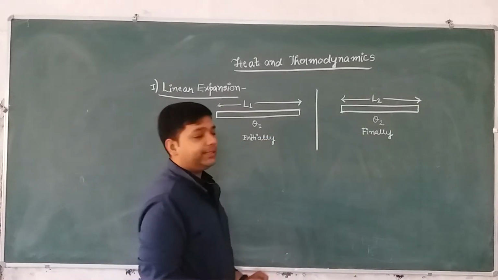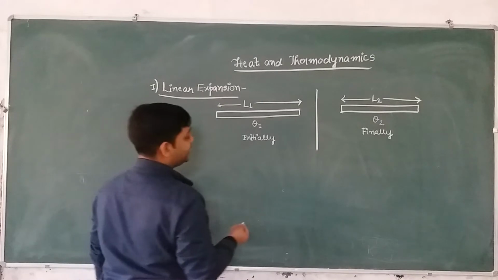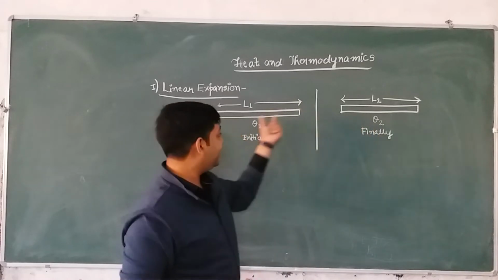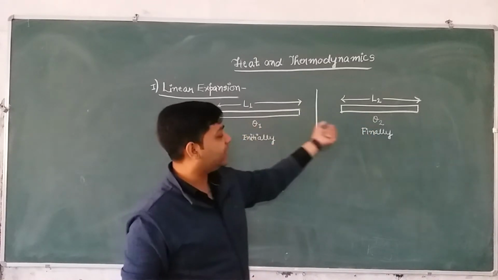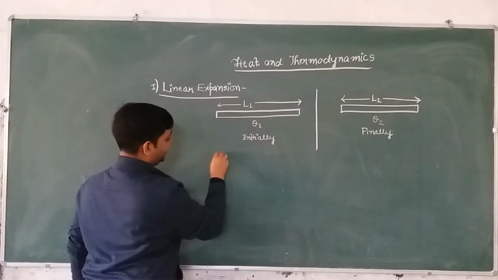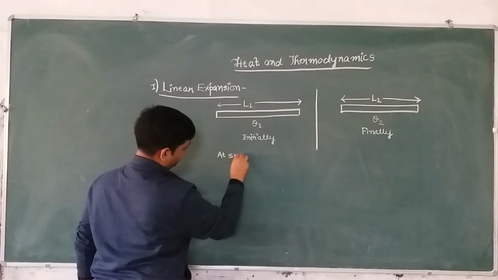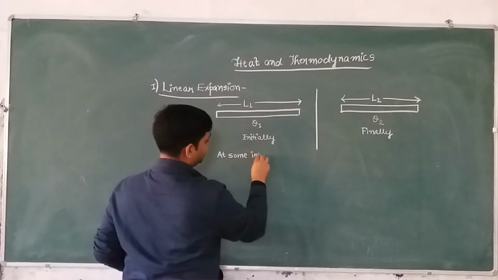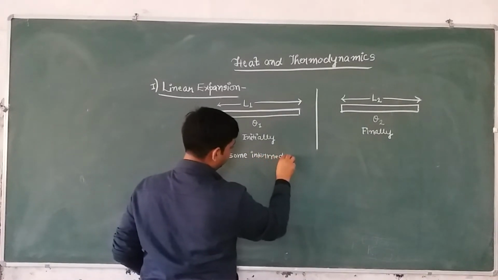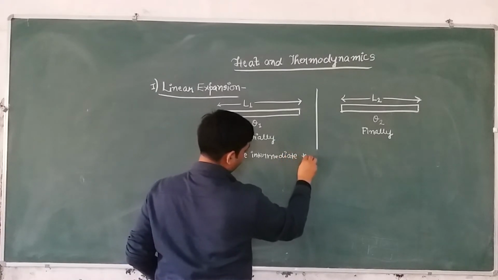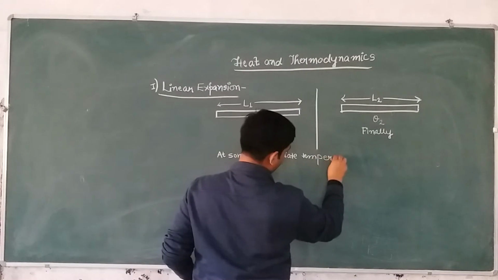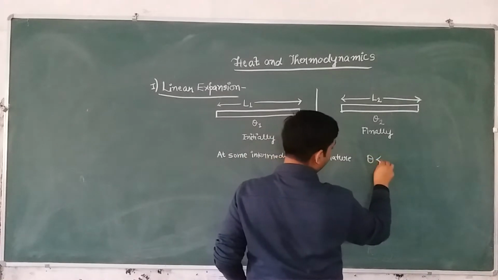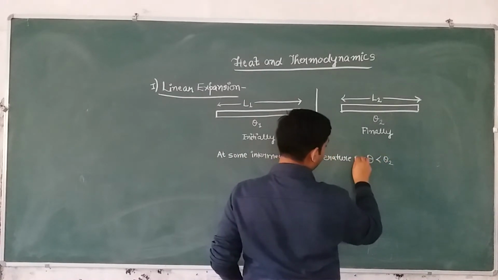I hope the things are clear till here. Now let's say at some intermediate temperature theta, where theta is less than theta 2 but greater than theta 1.